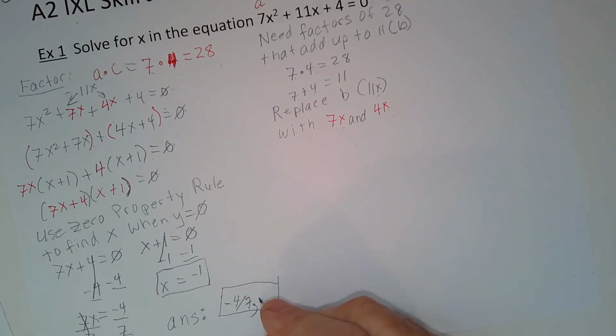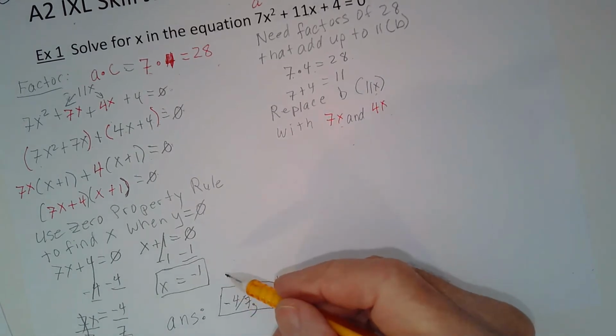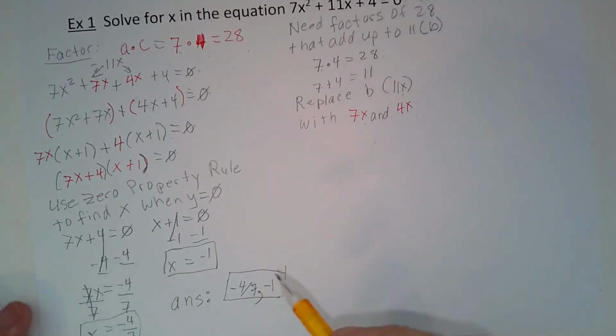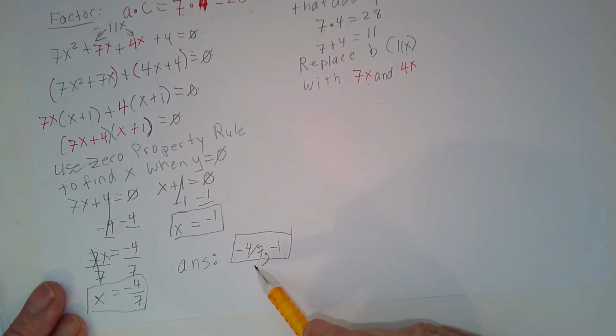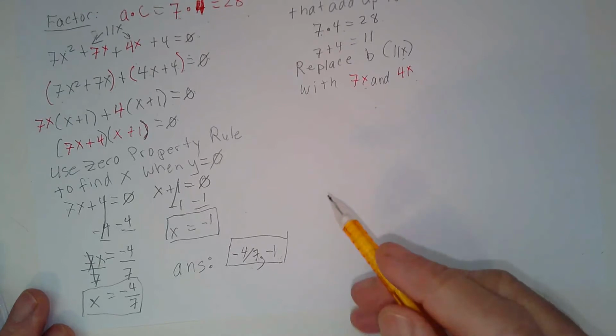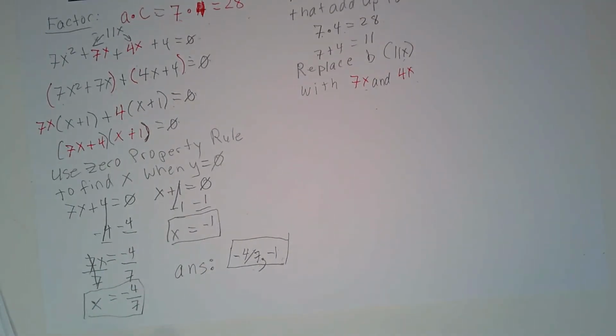And then negative 1 for the other one with a comma in between. Now, if you look at what the instructions ask with these kinds of problems, they will tell you to set up your fraction as negative 4 slash 7 for negative 4 over 7, and then a comma, and then the next answer. Okay, so that's basically the way you would do it.